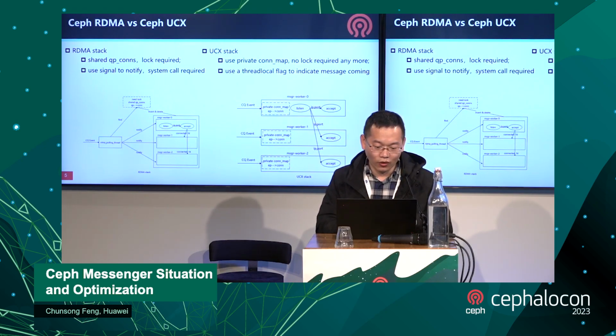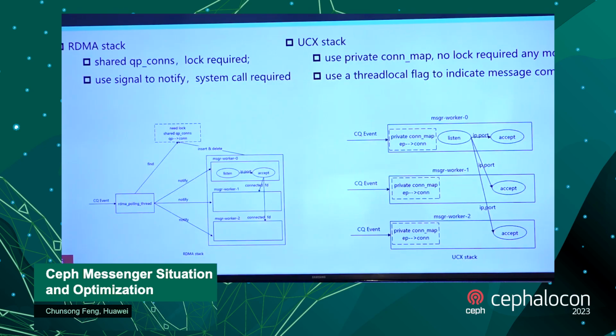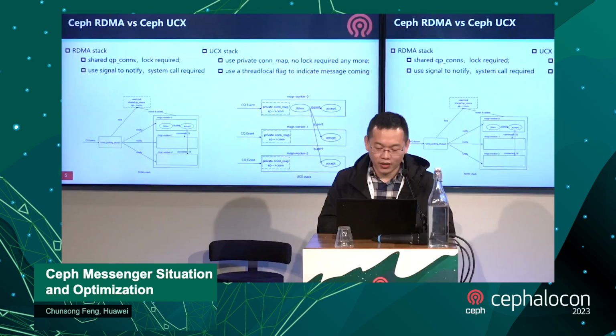Here is the running model of the Ceph RDMA and UCX stacks. The left one is the RDMA stack. There is an RDMA polling thread and some message workers, and between the RDMA polling thread and the message workers, there are shared QP connections, so a lock is required. The QP connections is a map of queue pair to connection.